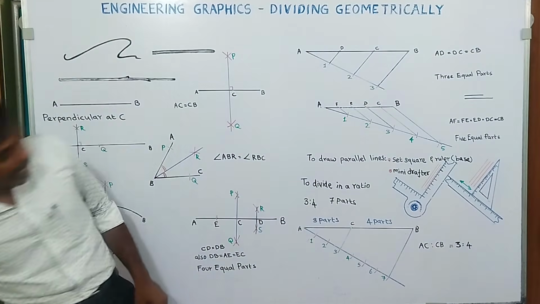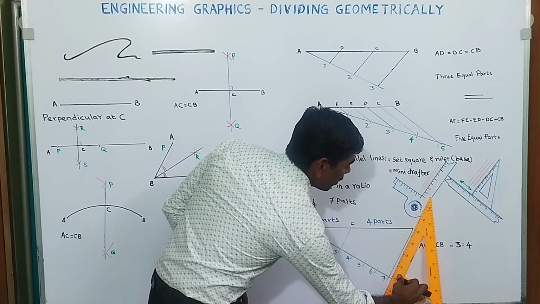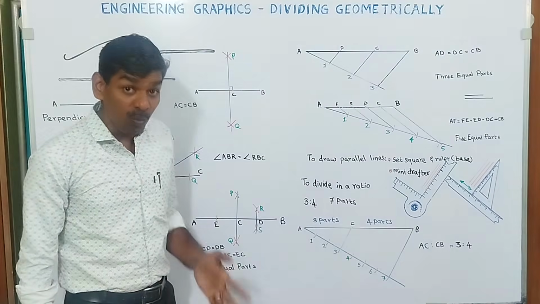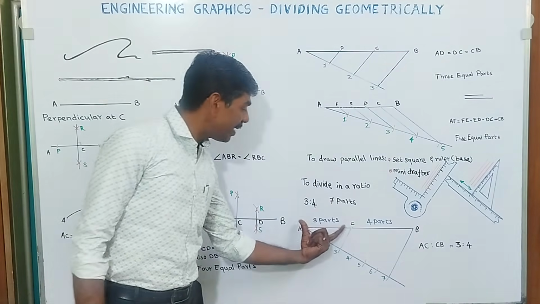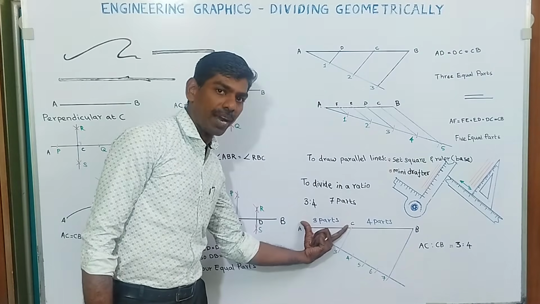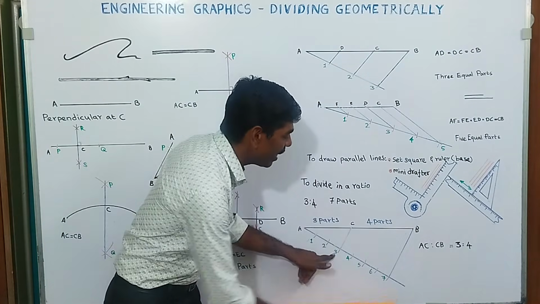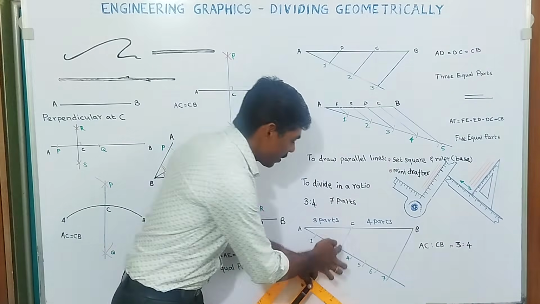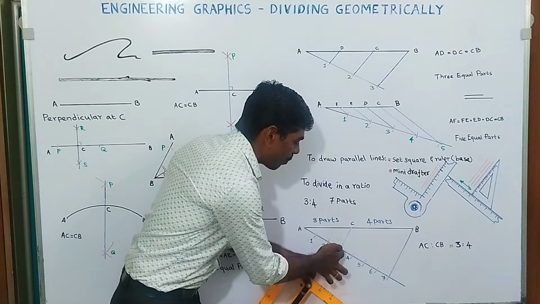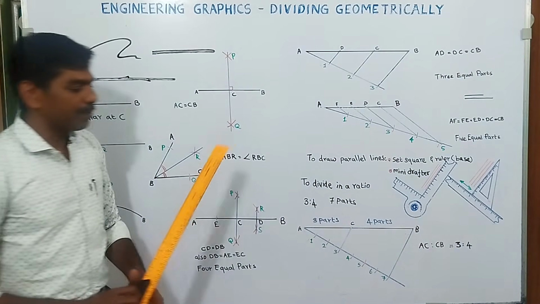Now the thing is, connecting the last one with the last point. The only thing that we need to do now is, we want only one point. Here we need to have 3 portions, right? 3 parts. So count 1, 2, 3 here. What about the remaining? Here we need to have 4. 1, 2, 3, 4.